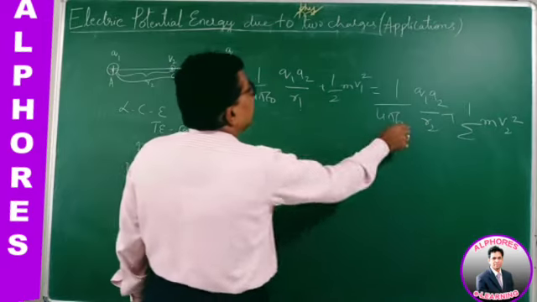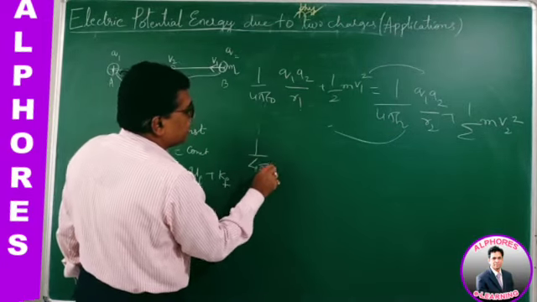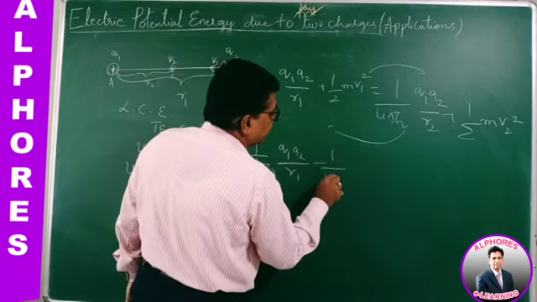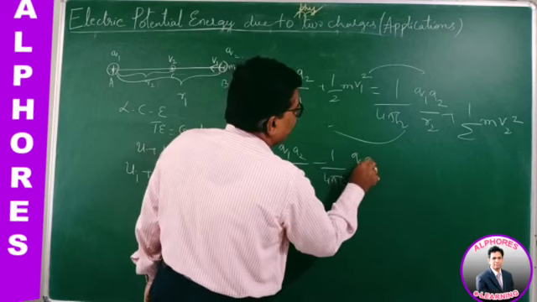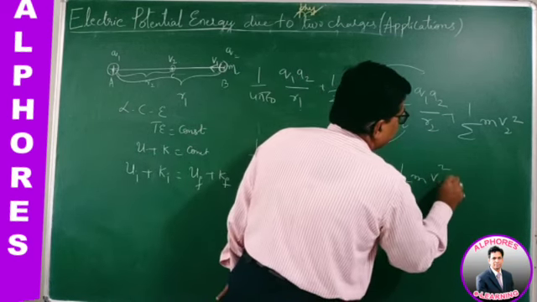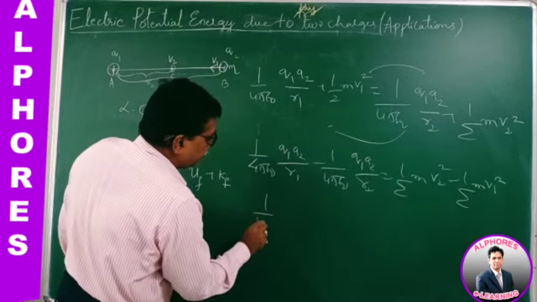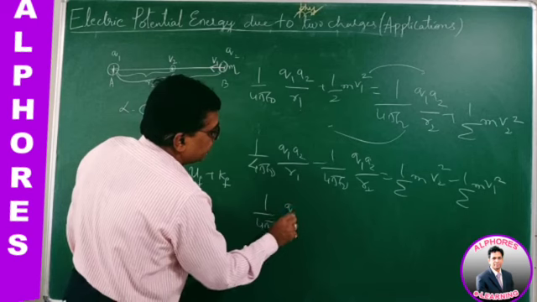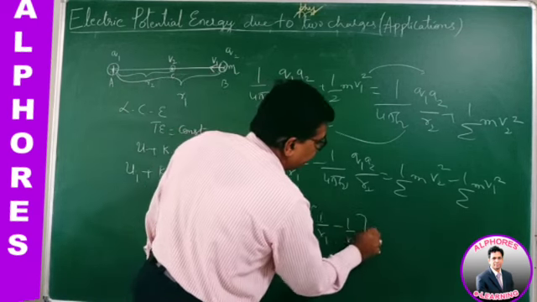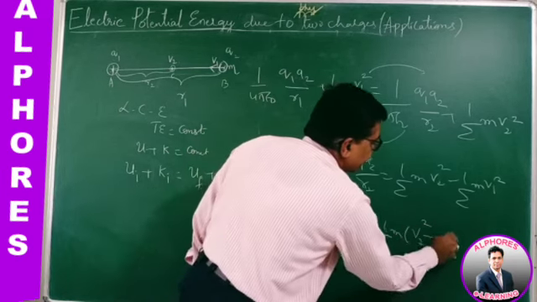So therefore, rearranging: 1 by 4 pi epsilon naught Q1 Q2 by R1 minus 1 by 4 pi epsilon naught Q1 Q2 by R2 is half m V2 square minus half m V1 square. So 1 by 4 pi epsilon naught Q1 Q2 into bracket 1 by R1 minus 1 by R2 is half m into V2 square minus V1 square.